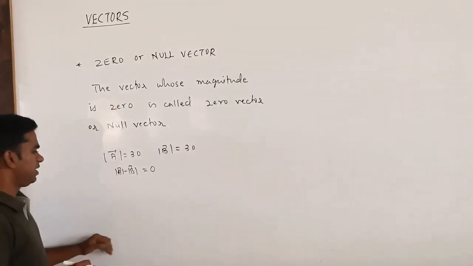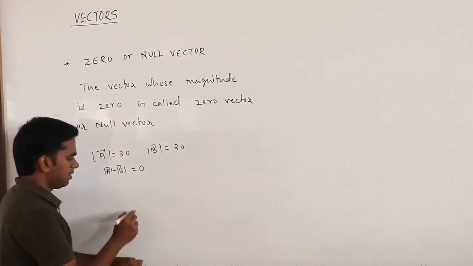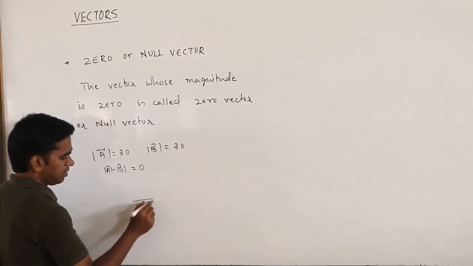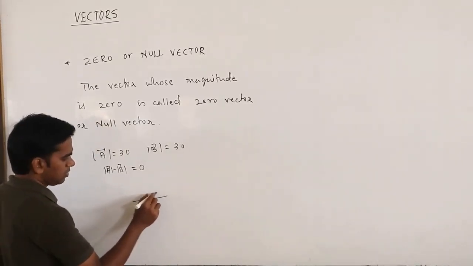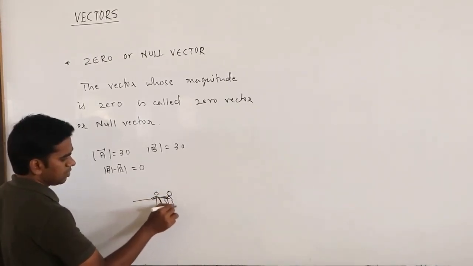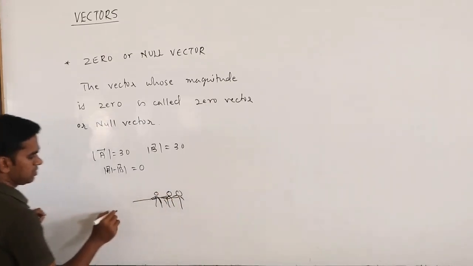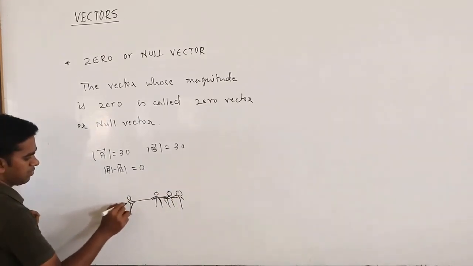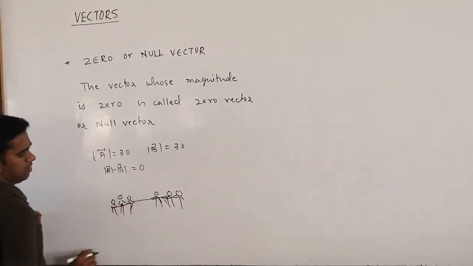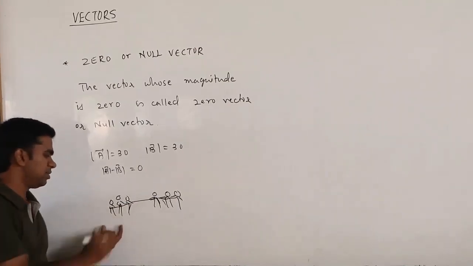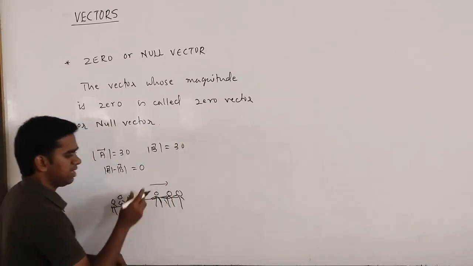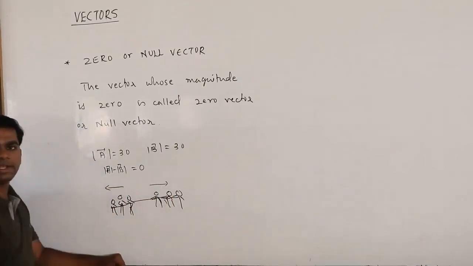A better example: suppose you are in the game of tug of war. You have a rope, and some people are pulling it from this side, and another group of people are pulling it from the other side. All have the same energy, so they pull in opposite directions.